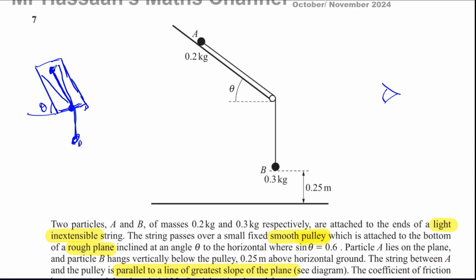It's parallel to the slope of the plane, so it's not going to be coming down at an angle. It's going to come straight down from that point to that point. The shortest distance, you could say, perpendicular to the bottom of the plane. That's what it means by the line of greatest slope of the plane.